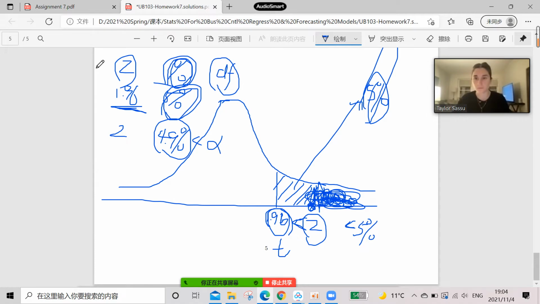And I can get my t-score instead of a z-score. I get my t critical value. And then by the same token, I calculate my calculated t. As long as the calculated t is greater than this t critical value, I reject the null hypothesis. The principle is really the same compared with the z-score test.